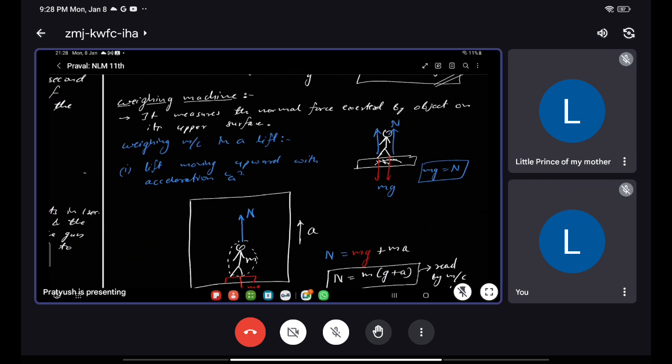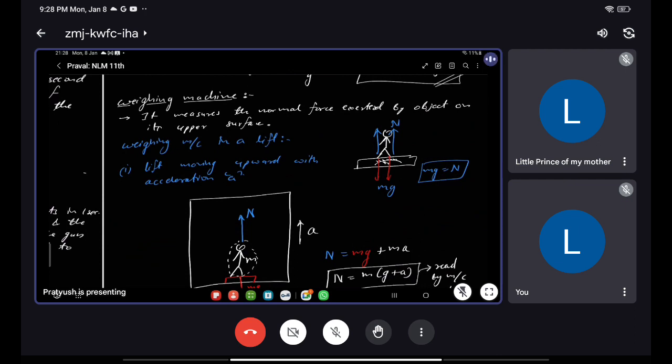Okay, so if this weighing machine is kept in a lift, what will happen when the lift is going in upward direction? Then there will be a pseudo force of mass multiplied by acceleration, but in opposite direction. Why? Because pseudo force always acts in opposite direction.